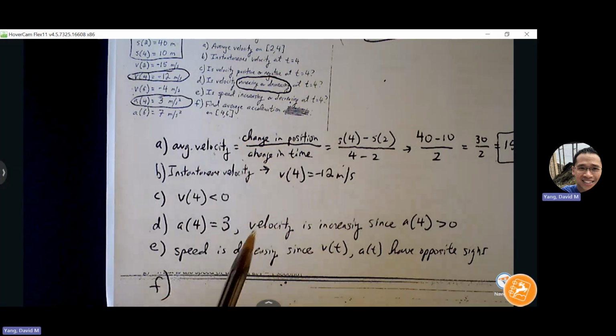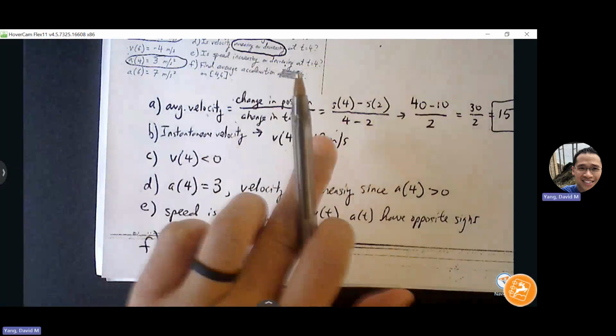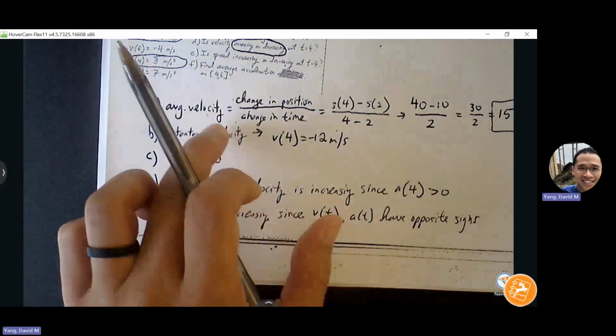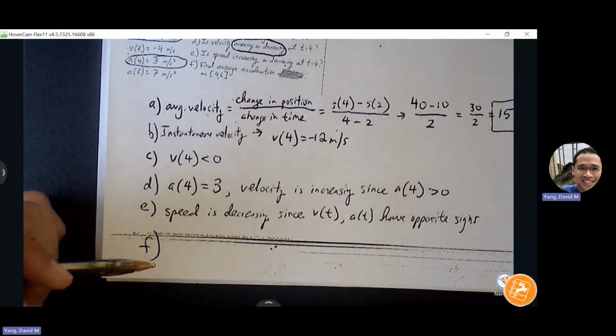So the slope of the function above it will describe that function, right? Average velocity uses the function above it. Same thing, average acceleration uses the function above it.